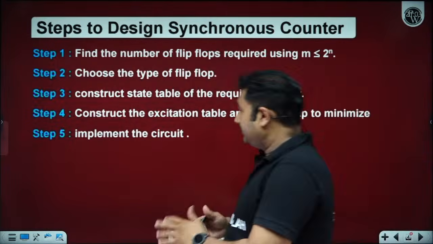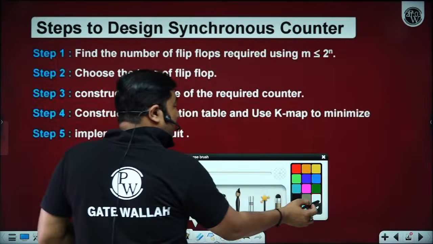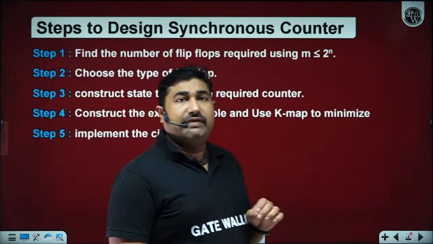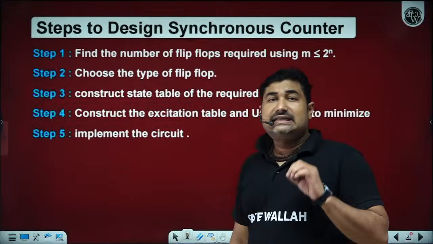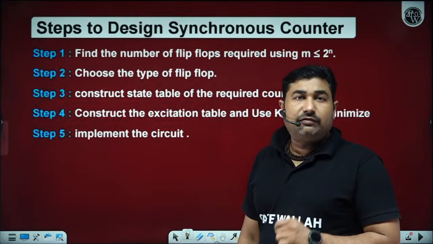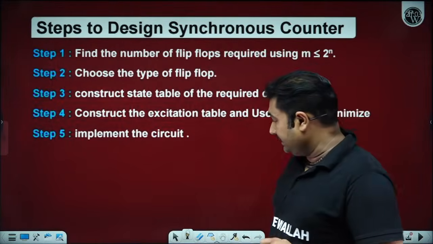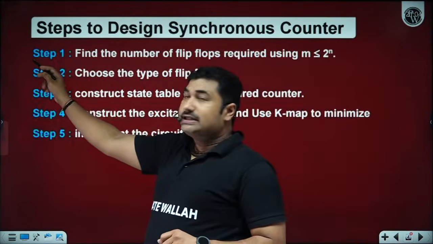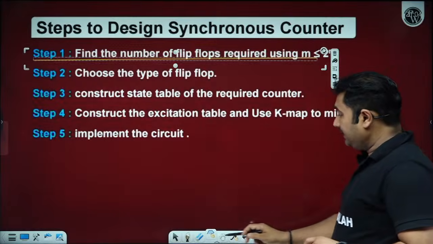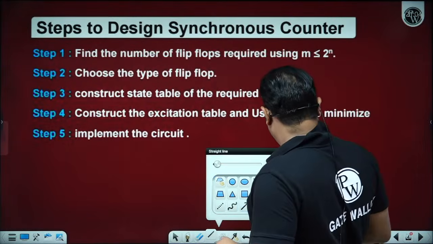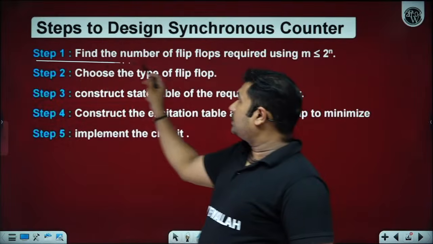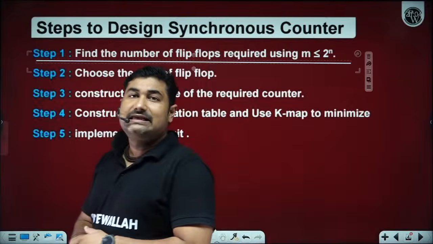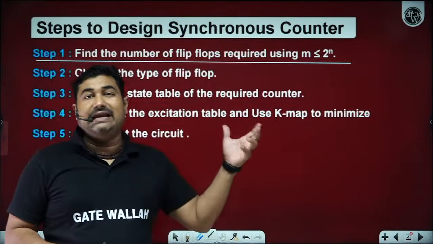Now please observe, step number 1: whenever we want to design any desired synchronous counter, first of all we have to identify the number of different states required. That will give the information of the number of flip-flops needed. Step 1 is to find the number of flip-flops required by using the relation m is less than or equal to 2 to the power n.